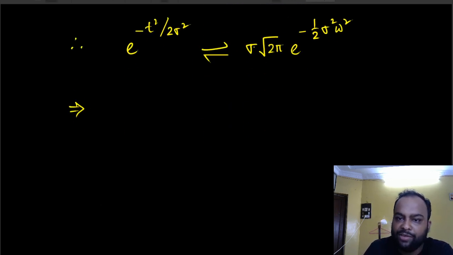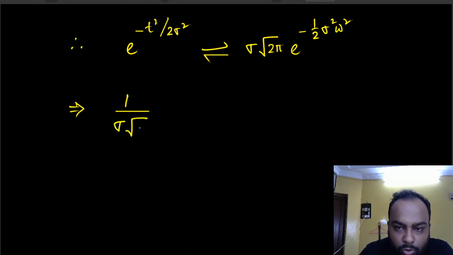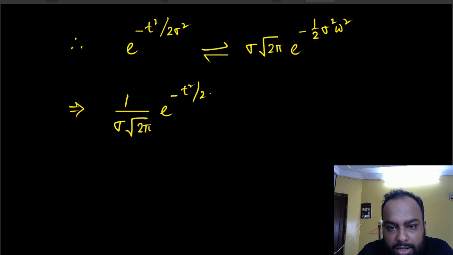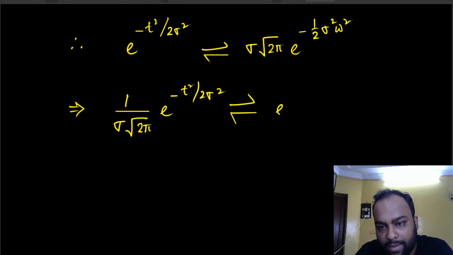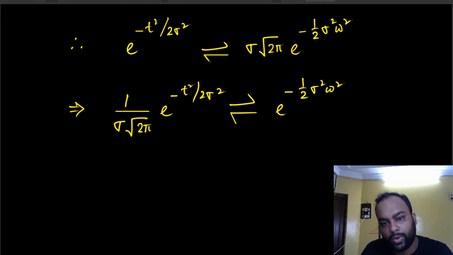If we bring this amplitude scaling factor to the left hand side, we would have 1 by sigma root 2 pi e to the power minus t square by 2 sigma square, and the Fourier transform of this would have been e to the power minus half sigma square omega square.